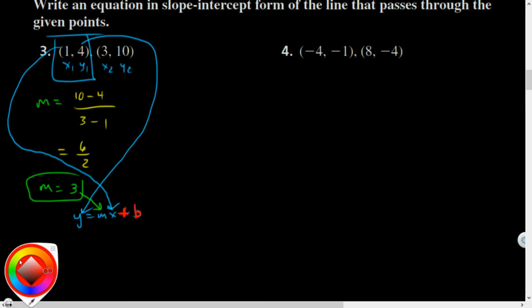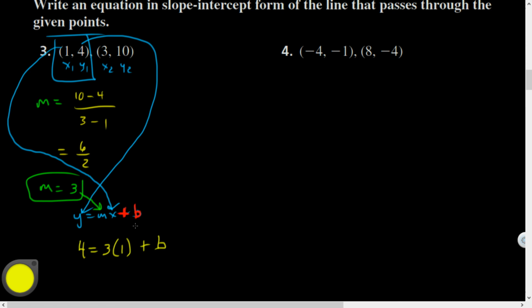So let's write this. 4 equals 3 times 1 plus b. I think I caught a mistake on one of your papers. I just copied their mistake. Let's see. All right. Yep, I buy this.